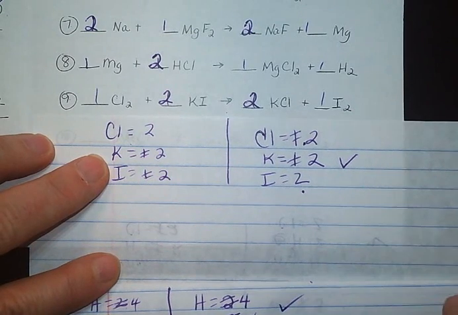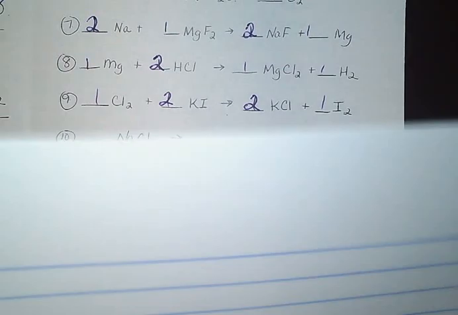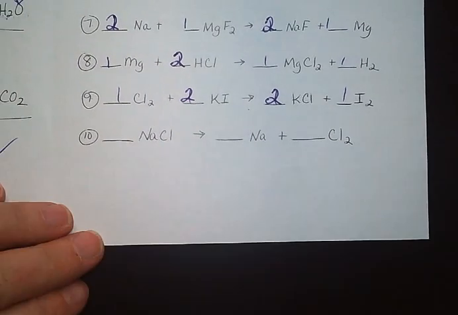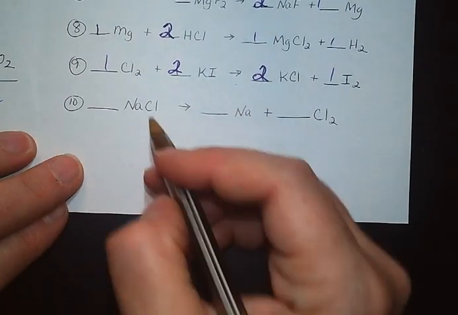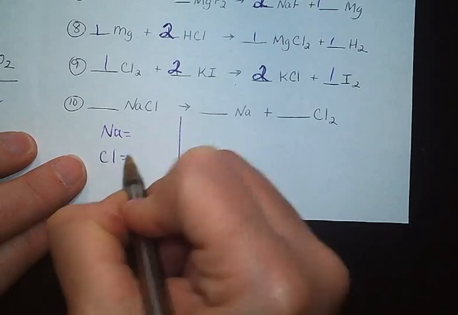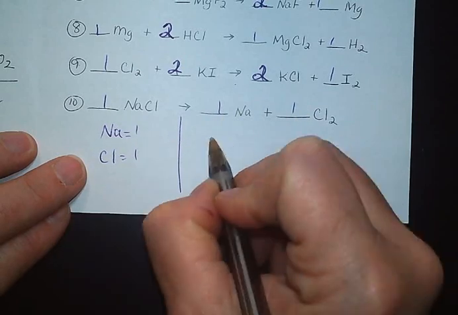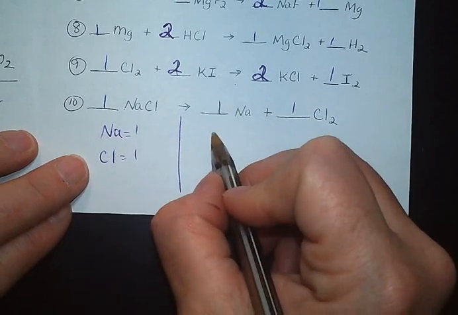All right, the last one on our practice together. Let me get a clean sheet. I'm out of scratch paper. If I look at this one here, oh, I can probably do this one right underneath here. If I break this in 2, I have sodium and chlorine, which is salt, sodium chloride. I have 1 of those, 1 of each. And then that's going to give me sodium, which is going to be a metal.